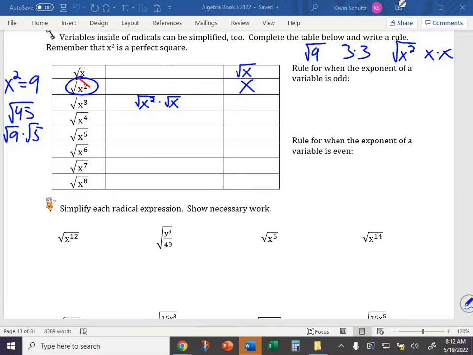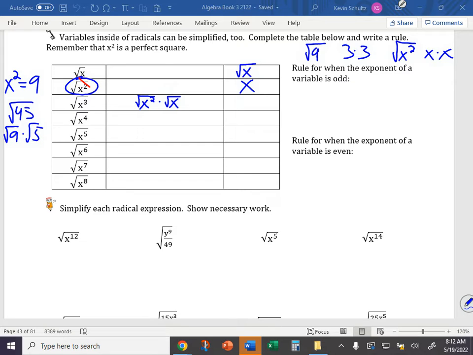Do you see how a factor pair of x cubed, meaning two things that multiply, right? X squared times x equals x cubed. Any argument there? Oh, let me get through this first. Any argument that x squared times x equals x cubed? You have an argument? Then put your hand down. Okay? Right? Now, we broke this up into these two factors because what's true about the root of x squared?